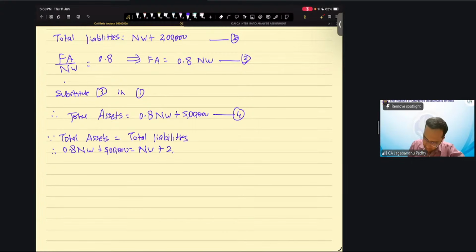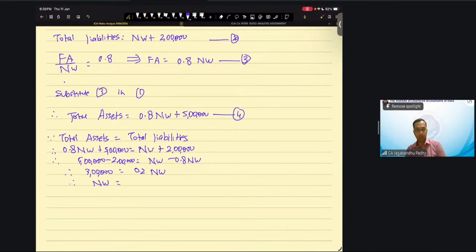That gives us 5 lakh minus 2 lakh is net worth minus 0.8 times of net worth. So this is 3 lakh equal to 0.2 times of net worth.